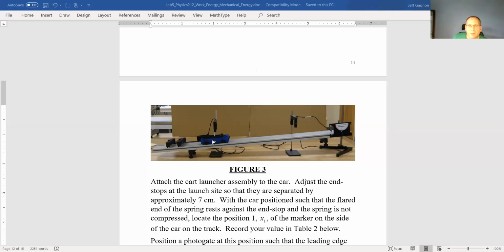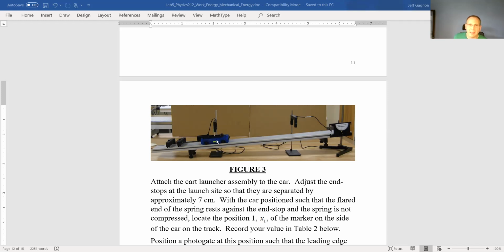What we do is we compress the spring. There's a little spring on the car here. And then we release the car, right? It's going to have some initial velocity. And we can calculate that initial velocity because we will know the time it takes that little flag to pass through the photo gate. So if I do the diameter of the flag divided by the time it takes to pass through, that's going to be my initial velocity, right?